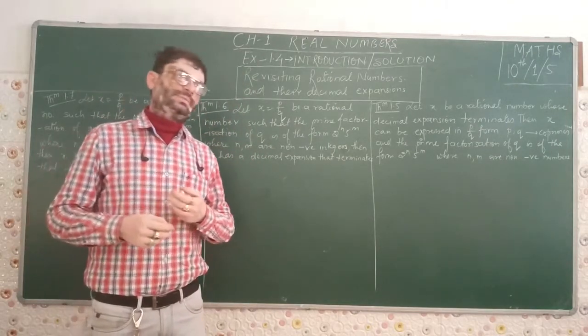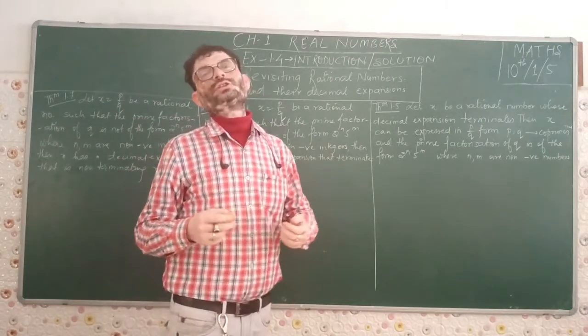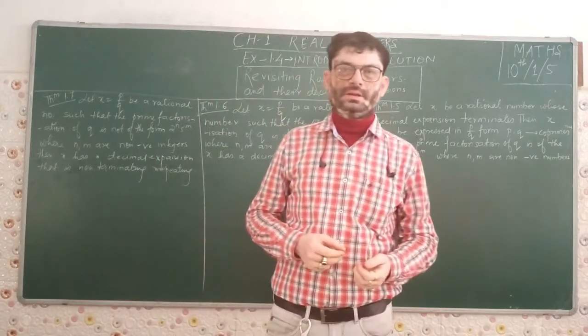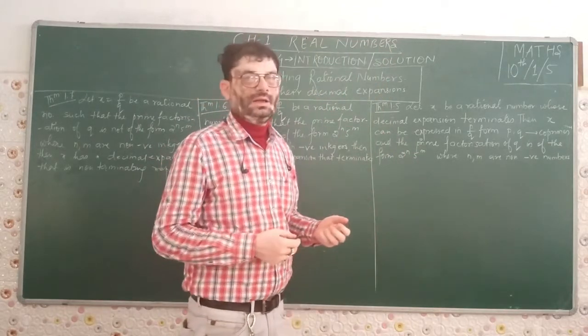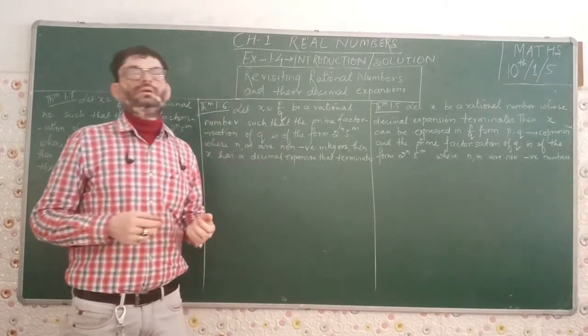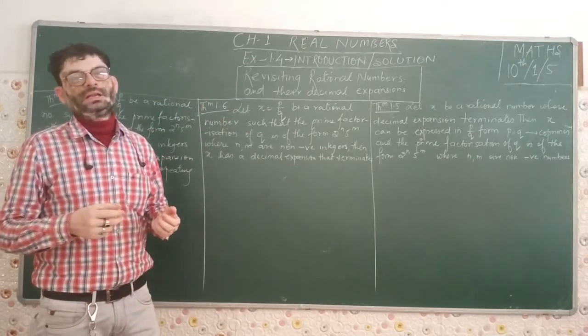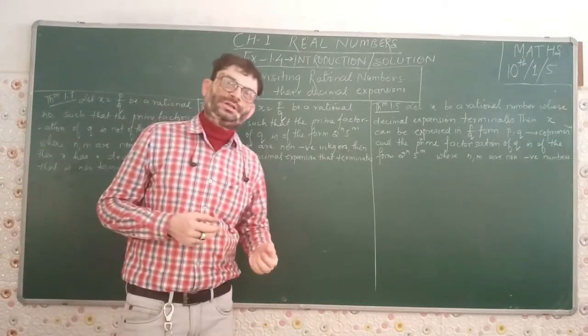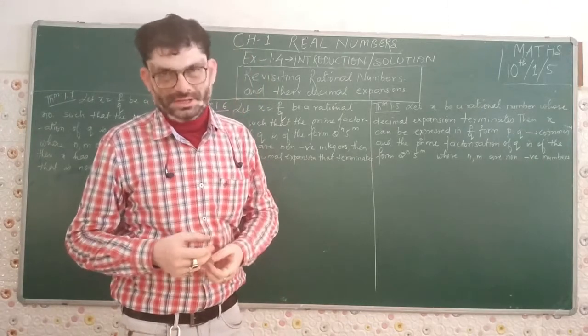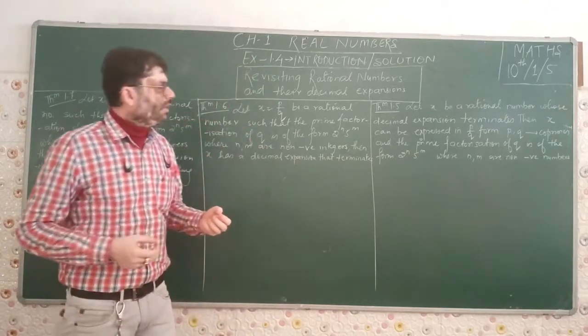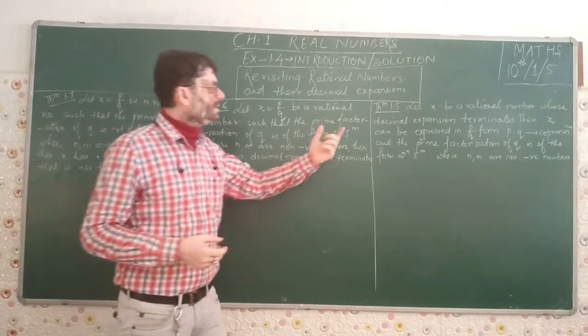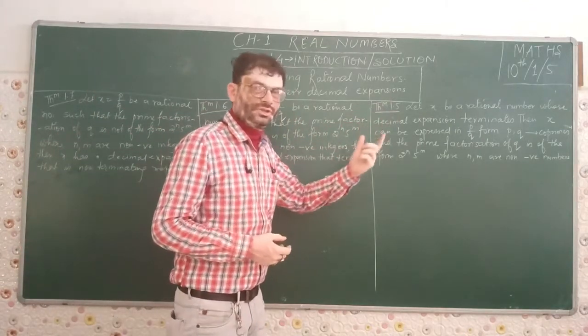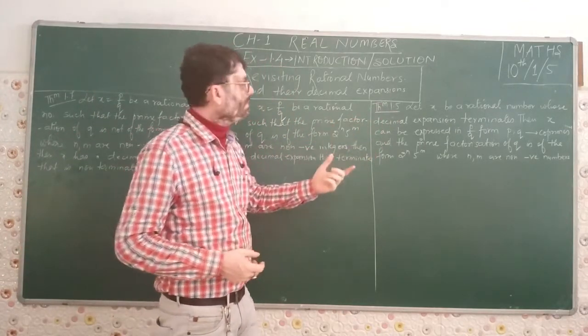If it is non-terminating, then there might be some conditions for it to be repeating. That is our main topic for today. How would we be identifying a particular rational number to be terminating or non-terminating? Moving on to that, let us move to our first theorem, that is theorem 1.5 from NCERT.